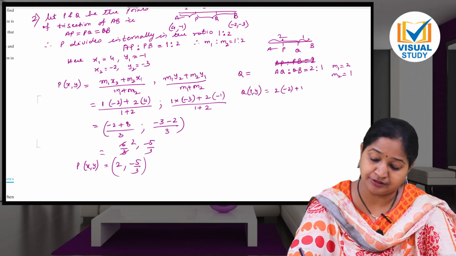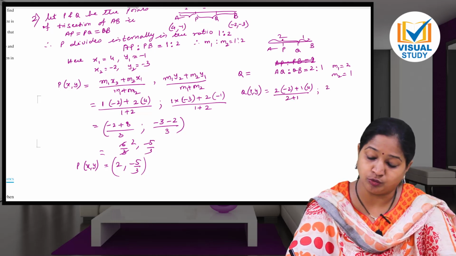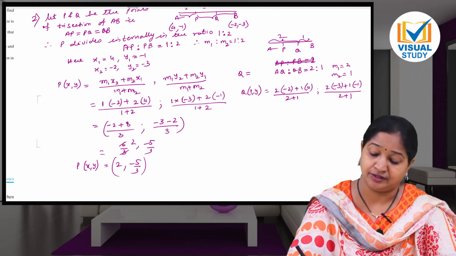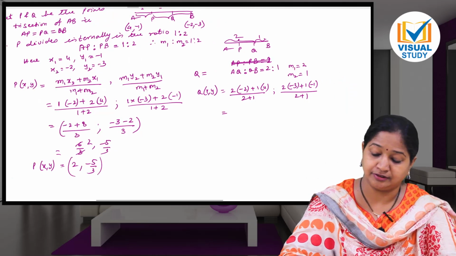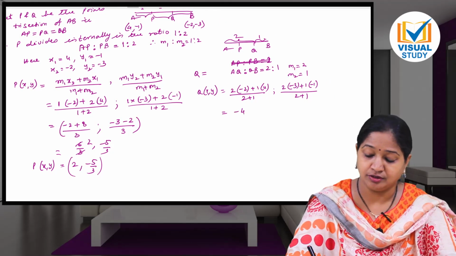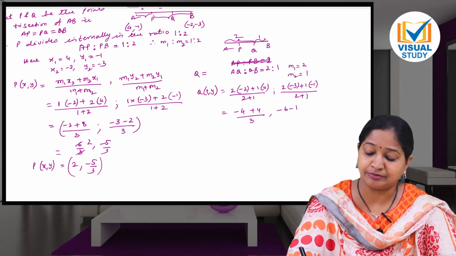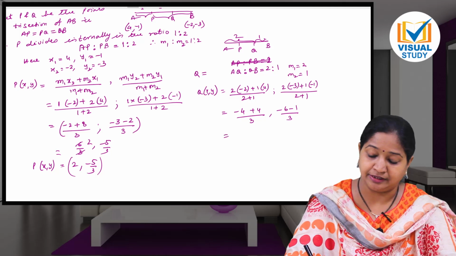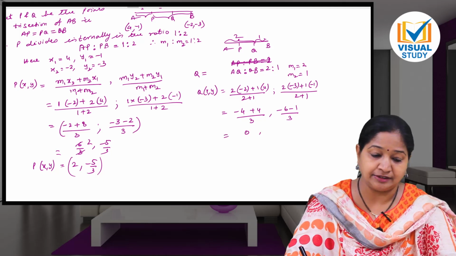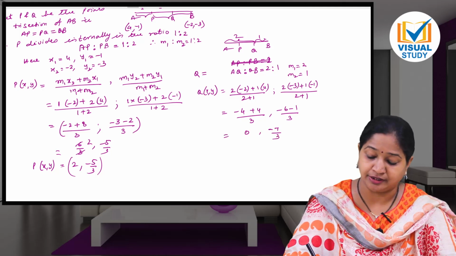Minus 2 plus 1 into 4 divided by 2 plus 1. And here you get 2 into minus 3 plus 1 into minus 1 and 2 plus 1. What you get is minus 4 plus 4 divided by 3 and minus 6 minus 1 divided by 3. Here you get 0 and this you get minus 7 upon 3.